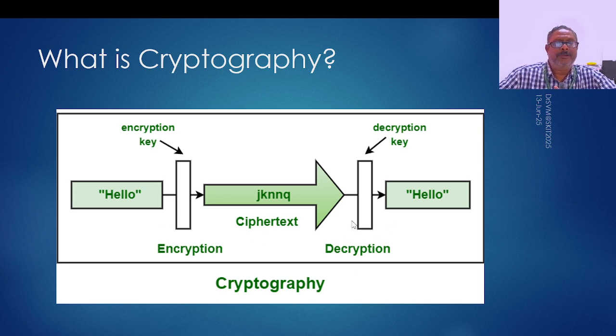If they are the same, then we call it symmetric cryptography. And if they are not the same, then we call that asymmetric cryptography. In symmetric cryptography, both the encryption and decryption keys are the same, and before the communication begins, the sender and the receiver will sit together and decide upon what key should be used for encryption.